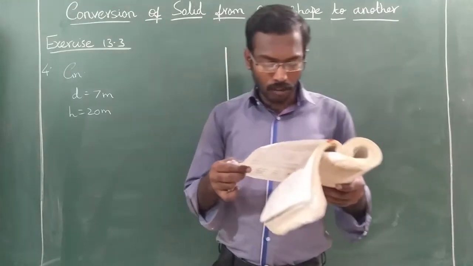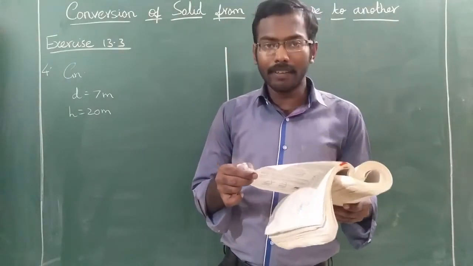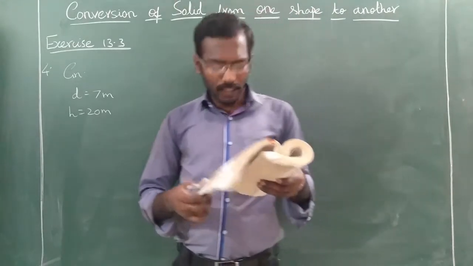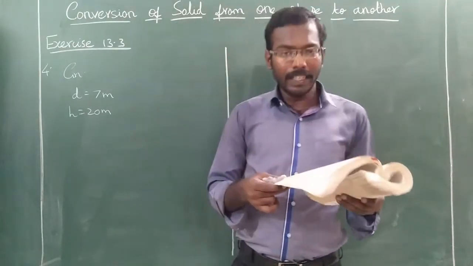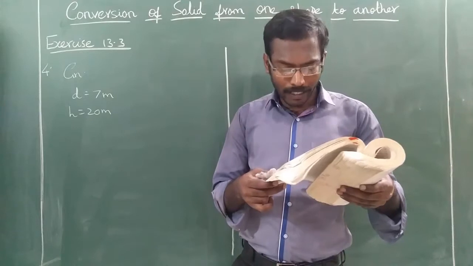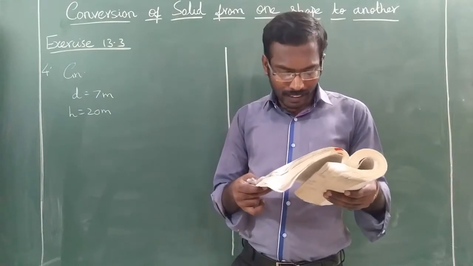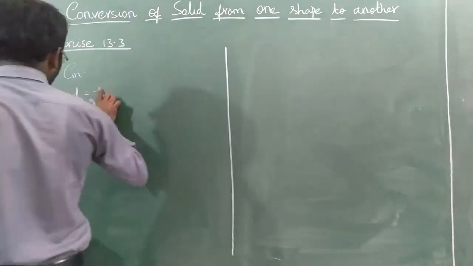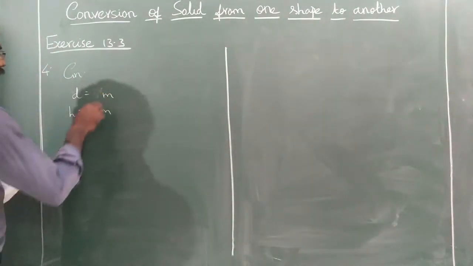Students, let us do the fourth sum, exercise 13.3 fourth sum. It is given like this. A well of diameter 3 meter is dug 14 meter deep. So it is given diameter is 3 meter.